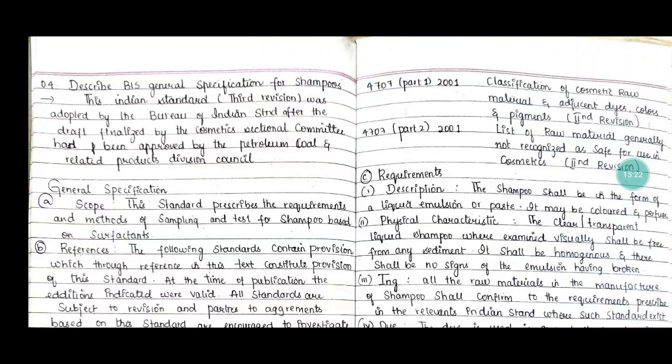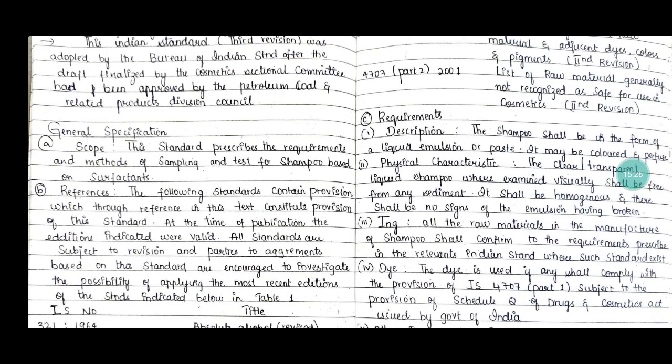What were the requirements for the general specification of shampoos? In that, the description was the first, then the method, physical characteristics and ingredients. The ingredients play an important role in the specifications for shampoo, because all the raw materials in the manufacture of shampoo shall conform to the requirements prescribed in the relevant Indian Standards.